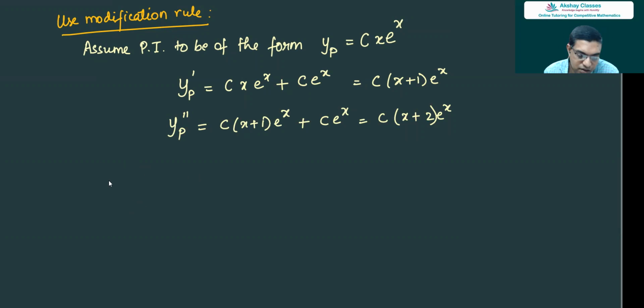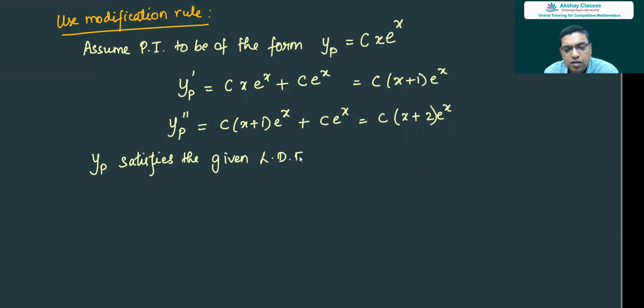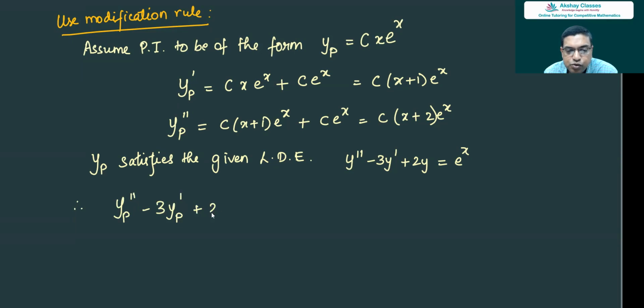Now y_p satisfies the given differential equation. What is the given differential equation? y double dash minus 3y dash plus 2y is equal to e^x. Therefore, y_p double dash minus 3y_p dash plus 2y_p is equal to e^x.